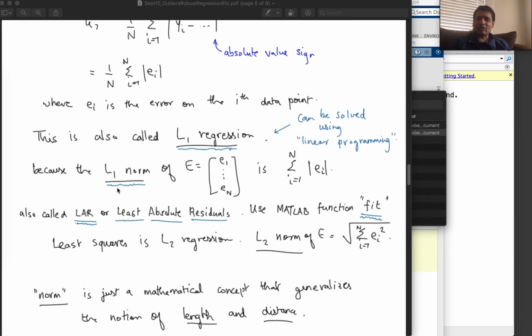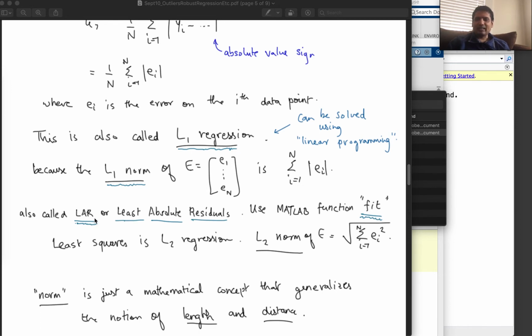Anyway, this is called the least absolute residuals method because these errors are also called residuals. Residuals meaning the difference between the model and the data. What remains after subtracting the data from the model is called the residual, and we are doing the least absolute residuals.